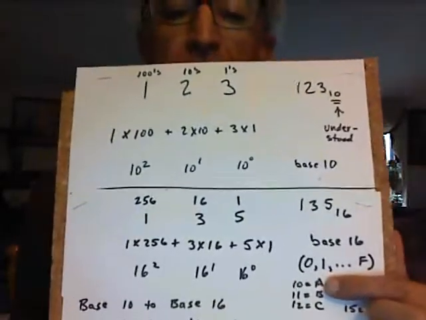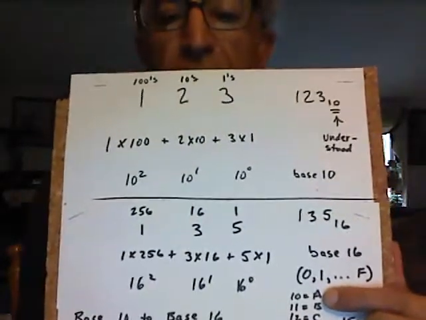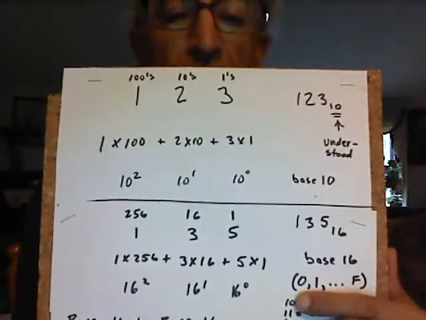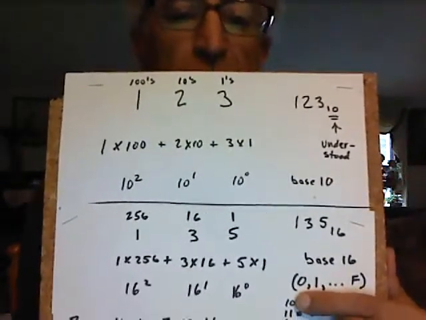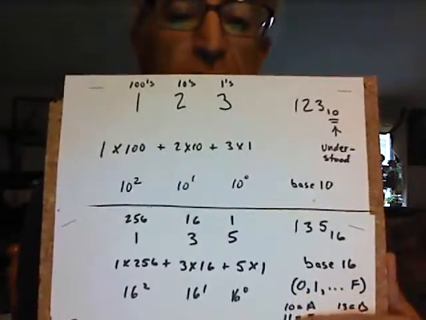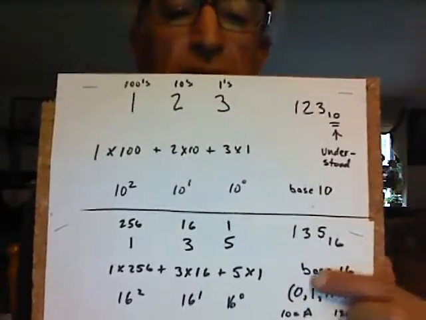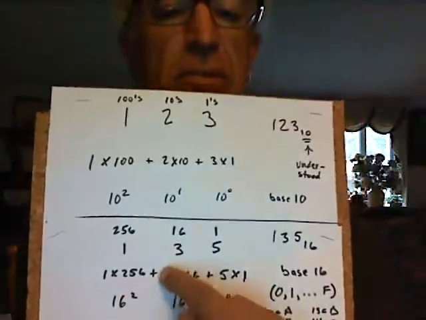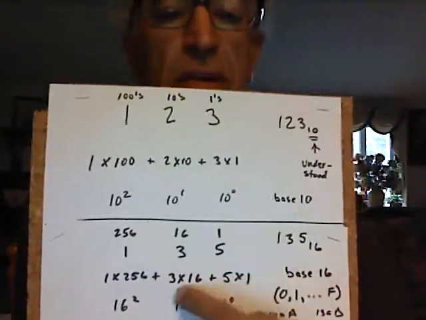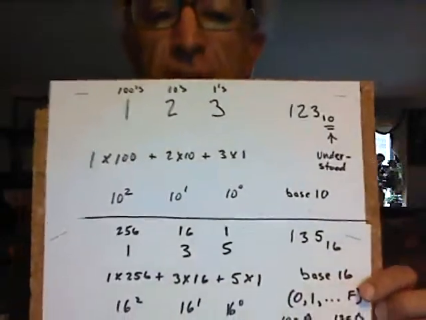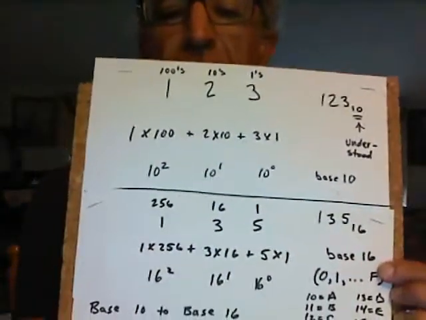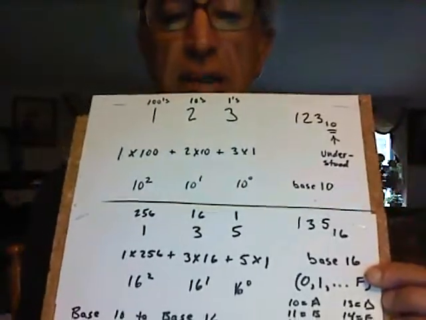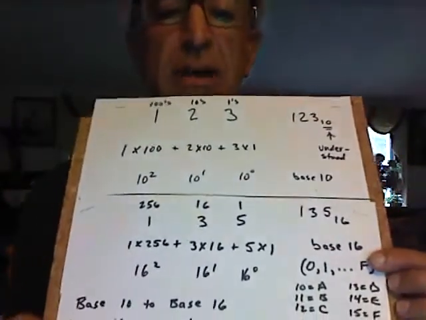So, by the way, before we go any further, let me just say that all along, most presenters cheat by just using base 10 numbers without mentioning it to you, but I'm going to be explicit about it. So all these numbers that I'm using are base 10 numbers, and I'm describing base 16, but I'm using base 10 numbers to do that, just because that's the easiest way to write things down.